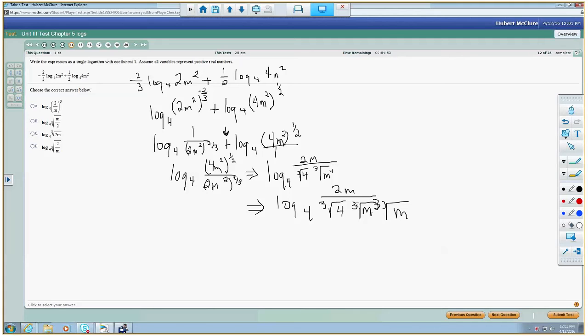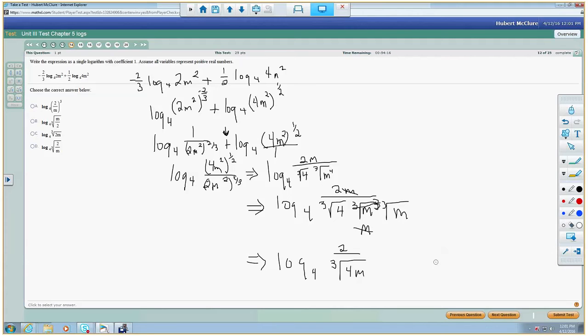Because what's m to the 1st times m to the 3rd? M to the 4th. So what does that cube root of m to the 3rd do? Gives you m. And that m will cancel with this m. So right now I've got log base 4 of 2 over cube root of 4m.